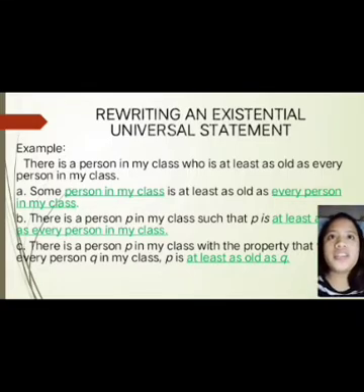C: There is a person P in my class with the property that for every person Q in my class, P is at least as old as Q. Even if it is rewritten, the thought is still there and it still retains the existential universal statement.